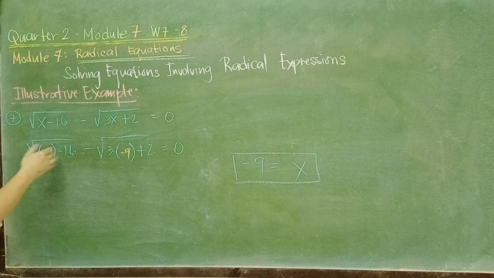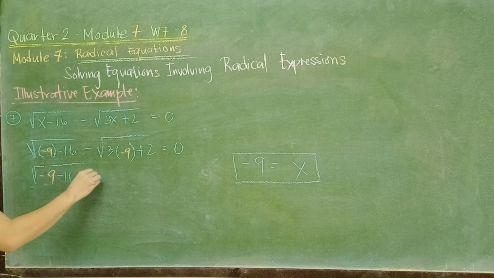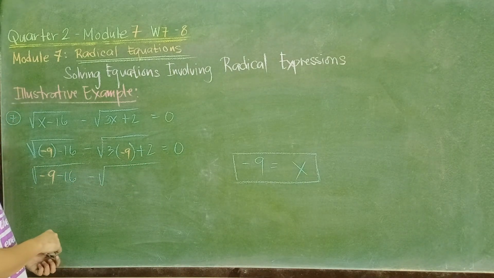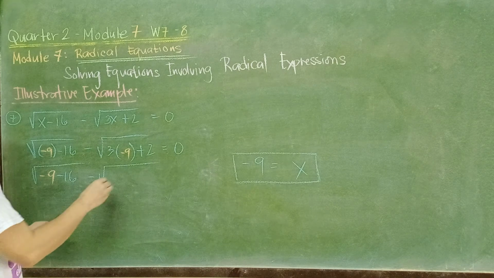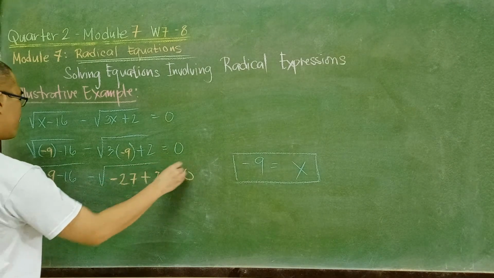So, yung first term is negative 9 minus 16 minus 3 times negative 9 is negative 27 plus 2 is equal to 0.